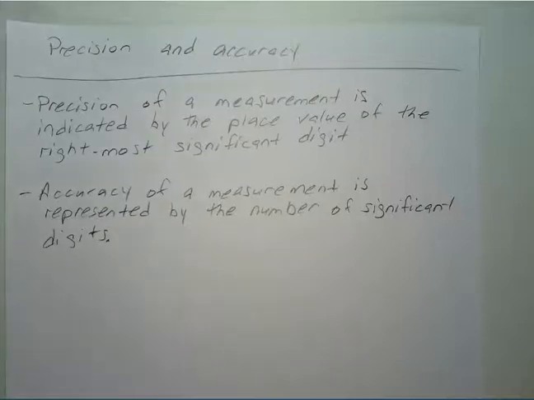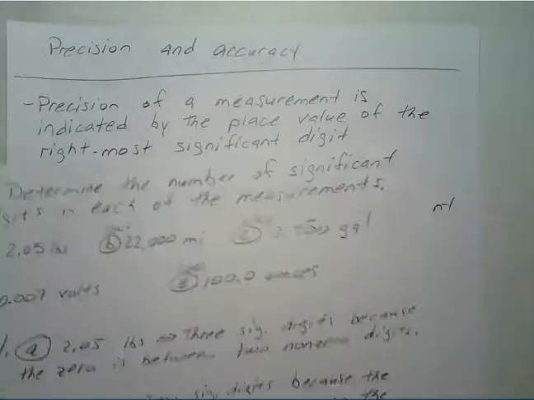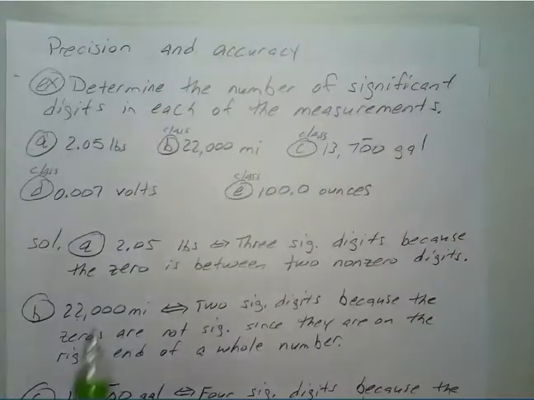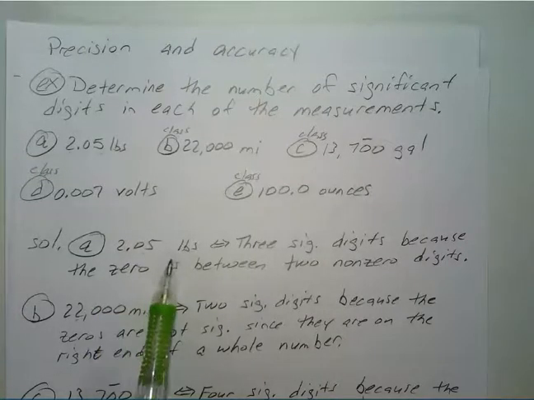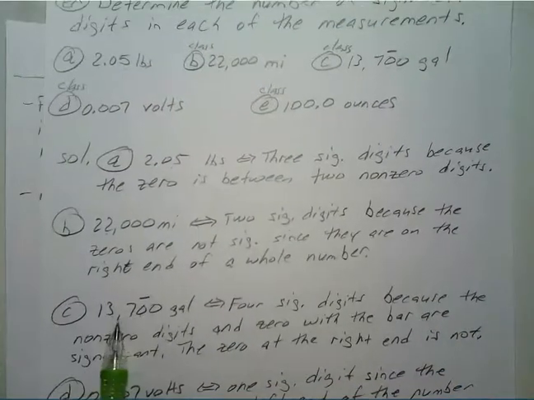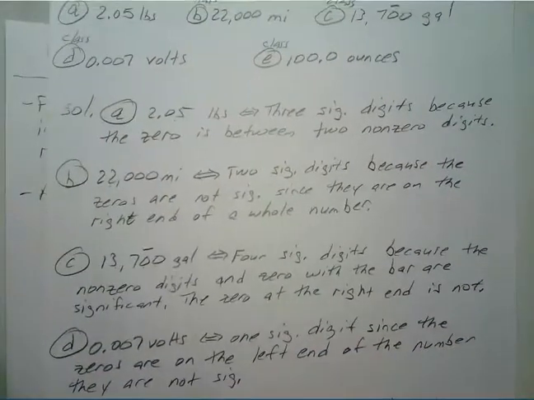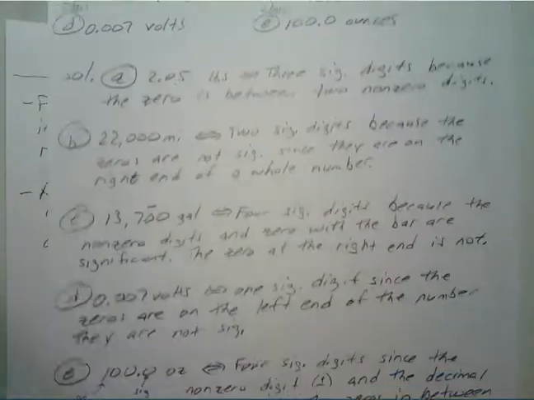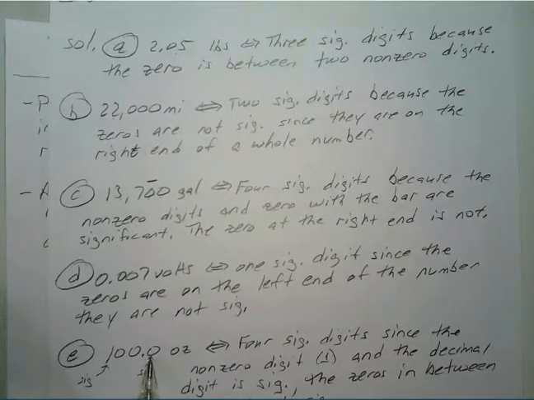So let me go back to the previous page just for a second. Everything we did here gave us the accuracy. Okay, so this is accurate to 3 significant digits. This is accurate to 2 significant digits. This is accurate to 4 significant digits. This is accurate to 1 significant digit. This is accurate to 4 significant digits.